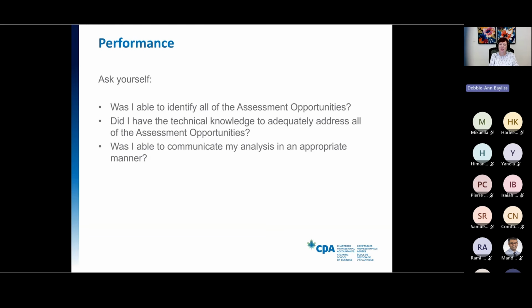Do you have the technical knowledge to adequately address all of the assessment opportunities? If not, make sure that when you're debriefing, make appropriate notes, add it to your study plan, and then practice that particular skill. Were you able to effectively communicate your response in an appropriate way?